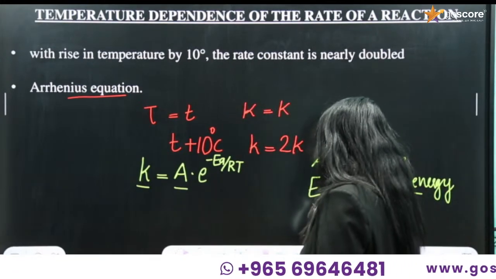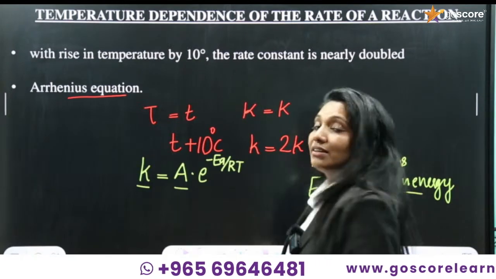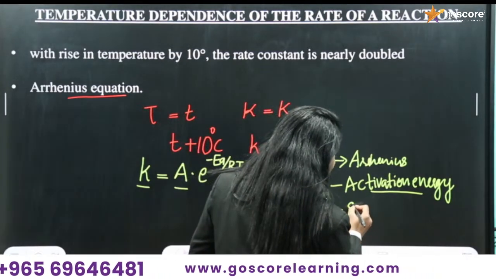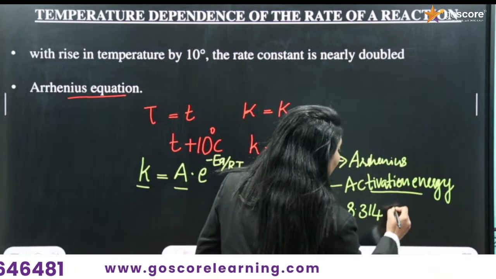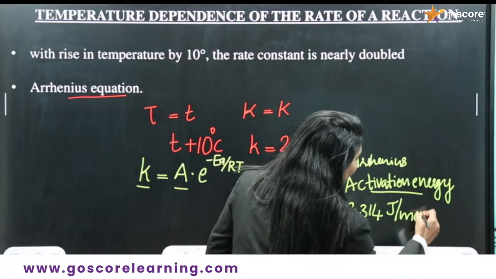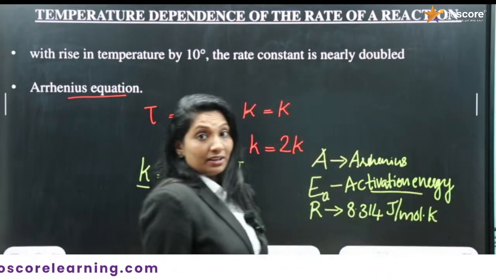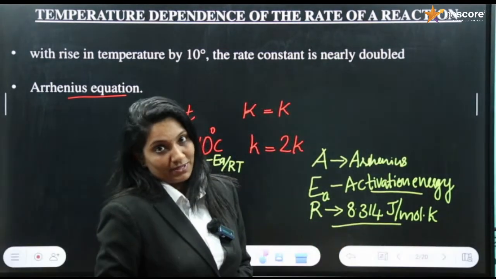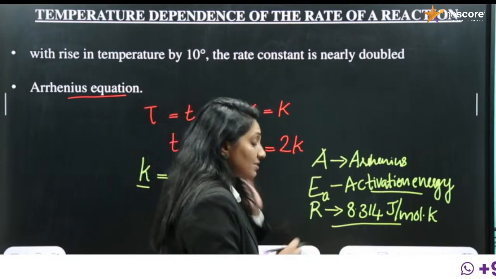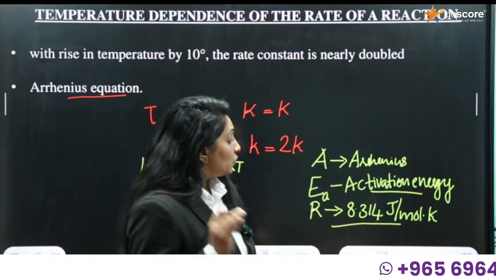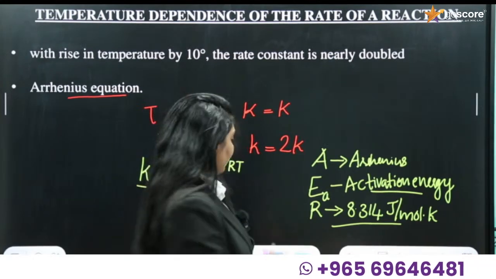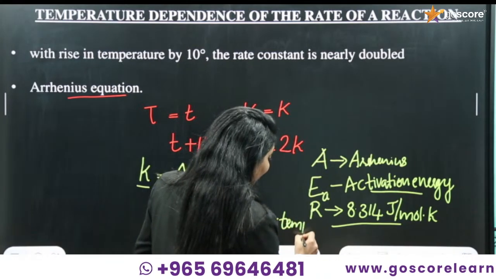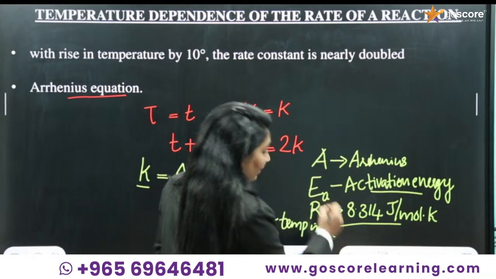Now see what R is. R is the gas constant, and the value of R is 8.314 joule per mole Kelvin. You should remember this value because it will be used in solving problems. Then what is T? T is the temperature in Kelvin scale.